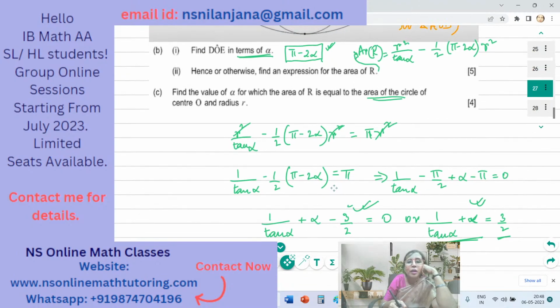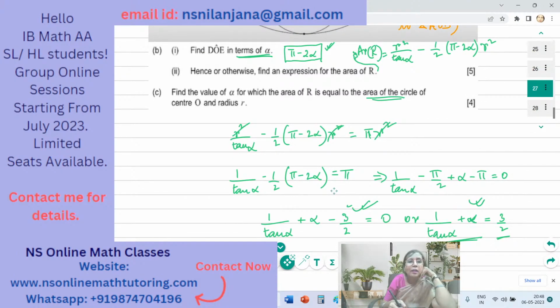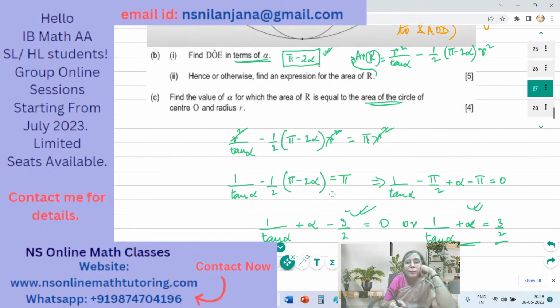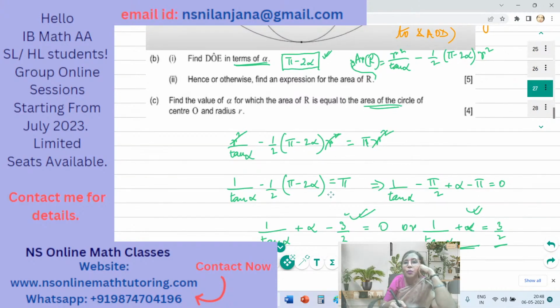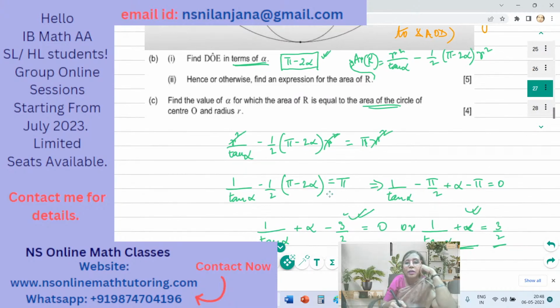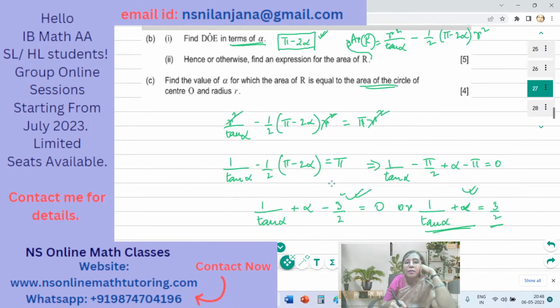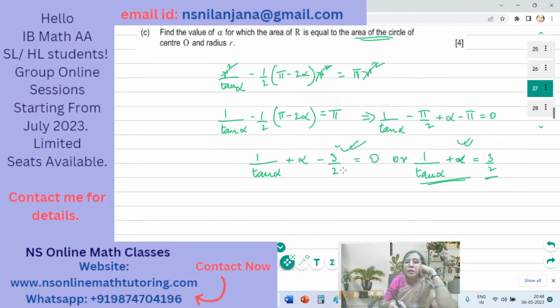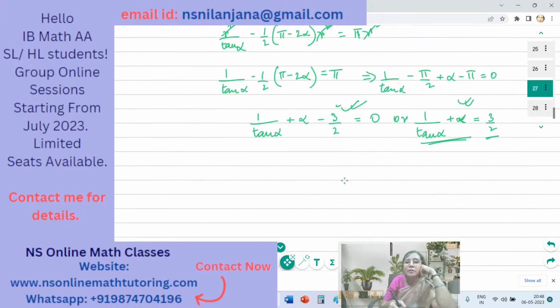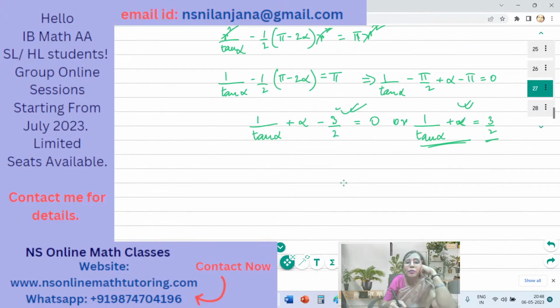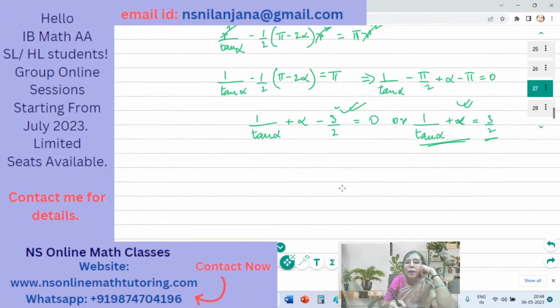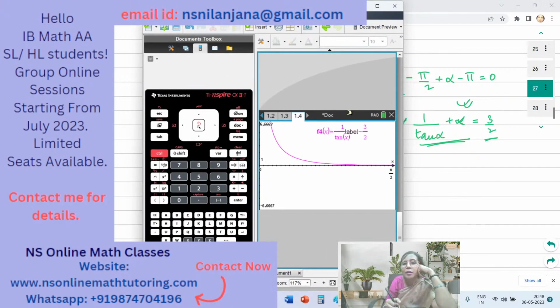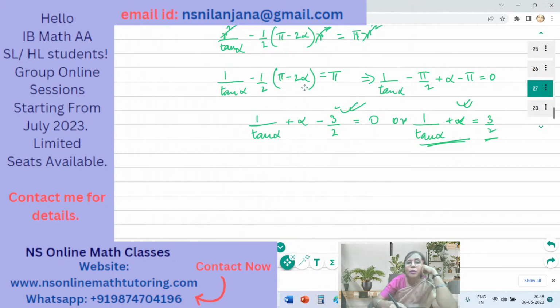R square over tan alpha minus half pi minus 2 alpha r square. This should be equal to pi r square. Yes, and I have cancelled the r square, so it becomes 1 over tan alpha minus half pi minus 2 alpha equal to pi.